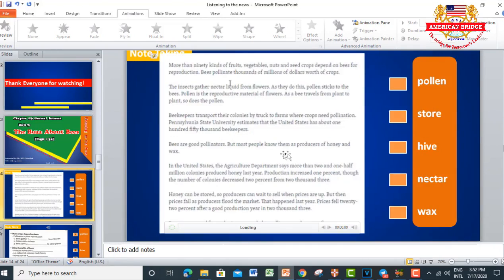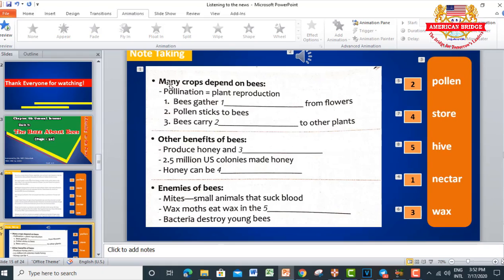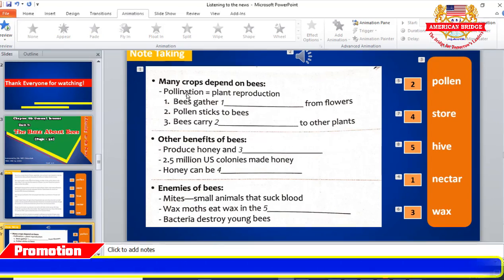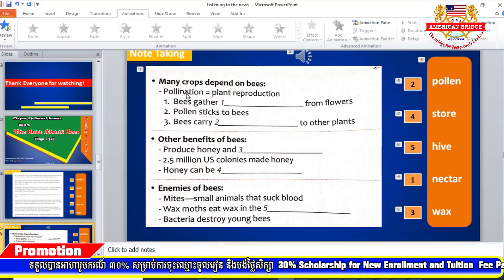And last week, you listened to the track, and then you had to use the words pollen, store, hive, nectar, and wax to complete the chart here. The meaning of this, you focus on the crops that depend on the bee, or we call pollination, or plant reproduction, right? And the second one, you have already learned about the other benefits of bees, okay?